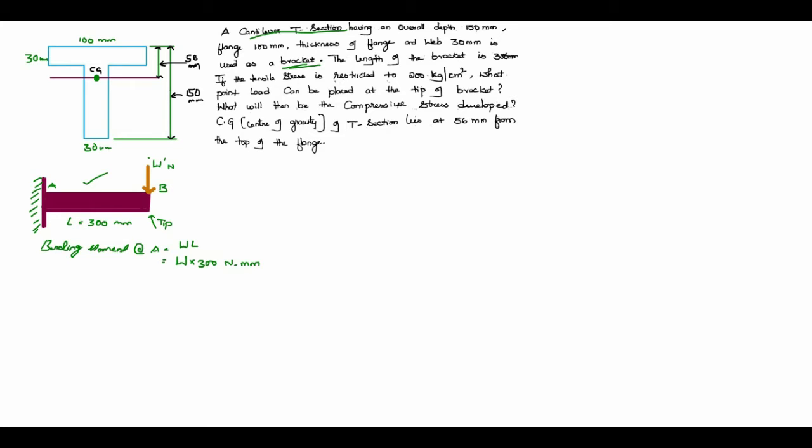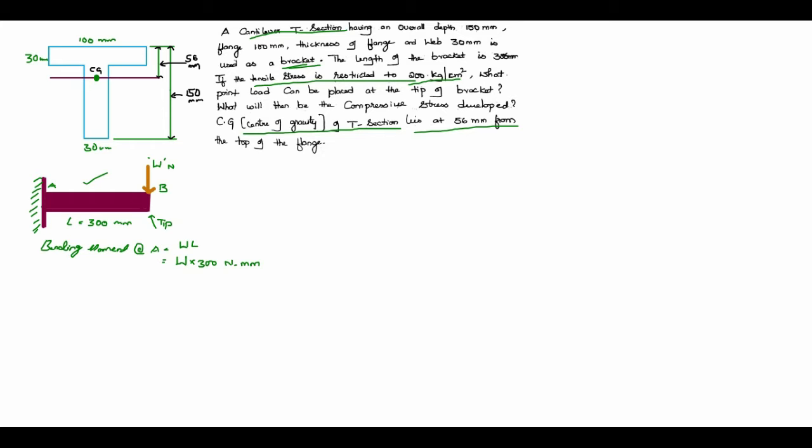In this question, along with the dimensions, two important parameters are given. First thing is what is the tensile stress restricted, and the location of center of gravity of the T section. As I told you earlier in the previous problems, this bracket is made up of some material and that material has maximum stress that it can take in compression and in tension.